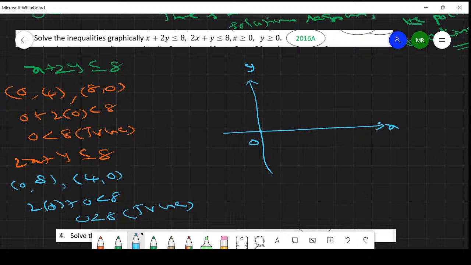Now you can see here, the first one: (0, 4) and (8, 0). Since equality is included, I can draw including the line, like this.